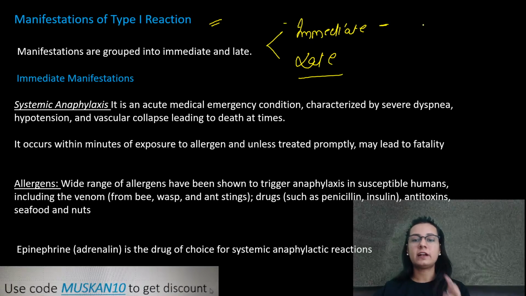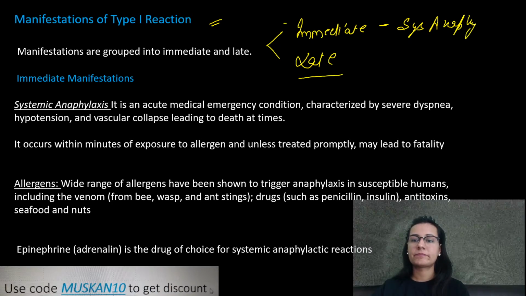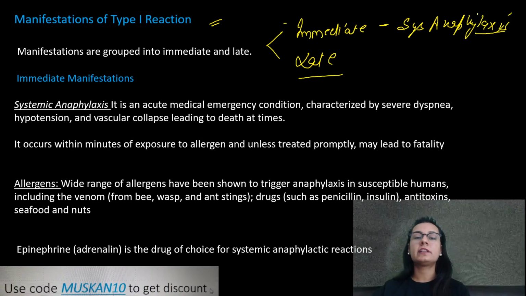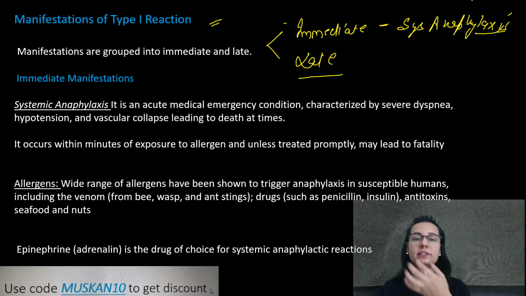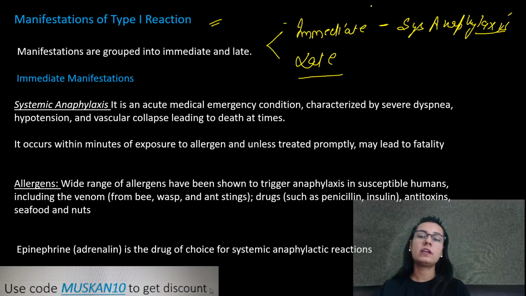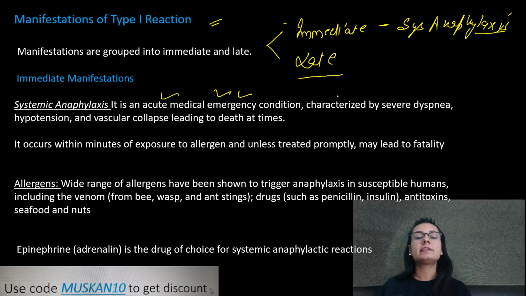Wherever anaphylaxis is occurring, it is immediate. So, systemic anaphylaxis हमने एबीसी में पढ़ लिया था, atopy, anaphylaxis and allergic, they are type 1 hypersensitivity. Systemic anaphylaxis is an acute emergency condition characterized by severe dyspnea, hypotension and vascular collapse. It occurs within minutes of exposure, and unless treated promptly may lead to fatality.